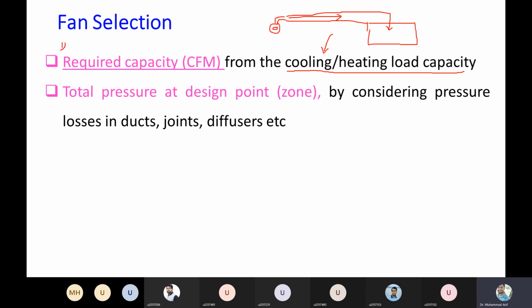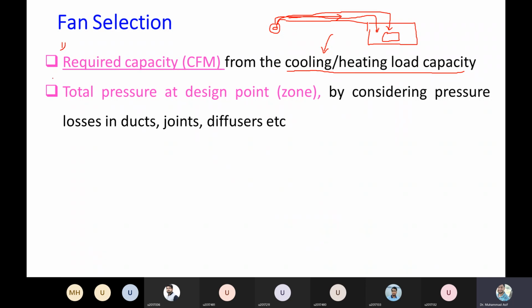The second is the total pressure at the zone, meaning the total pressure loss. Because in the duct there will be a lot of elbows, the friction effect, the diffuser, and the dampers, so the pressure drop, the pressure loss, should be known to you.